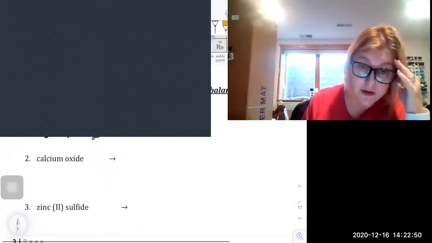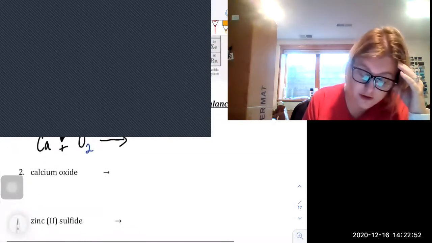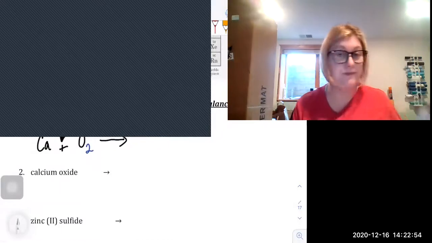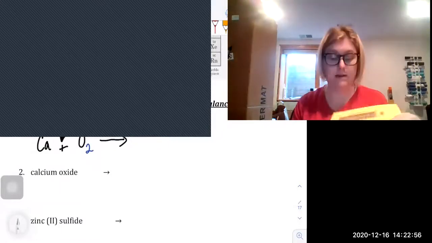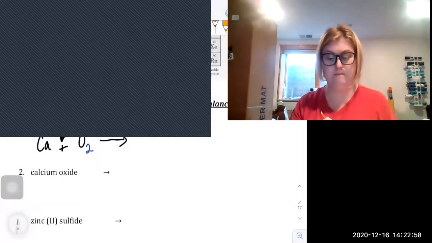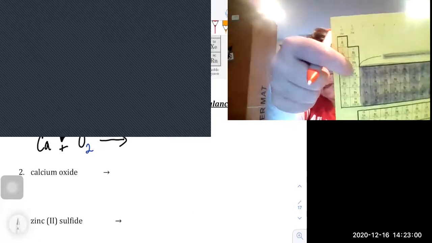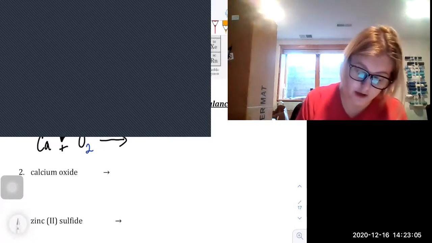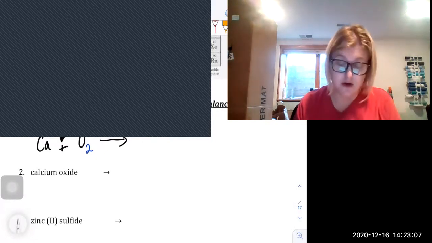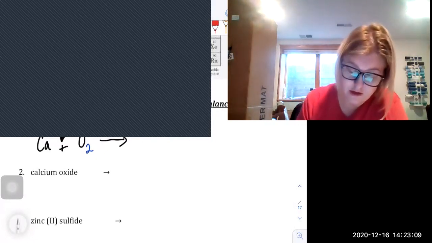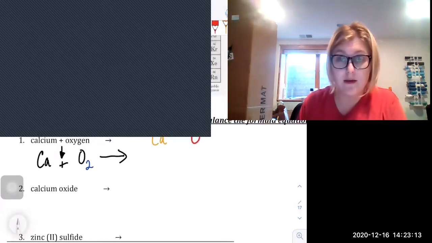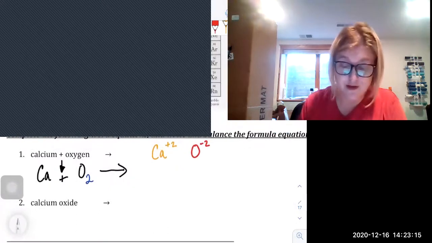Go on the periodic table and find calcium. Calcium is right here. Go up to the top and figure out the charge. The charge is a +2. Then do the same thing for oxygen. Oxygen on the periodic table is a -2. And then what you need to do is crisscross those charges.